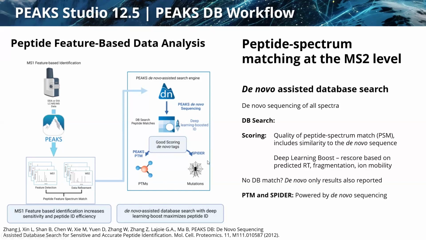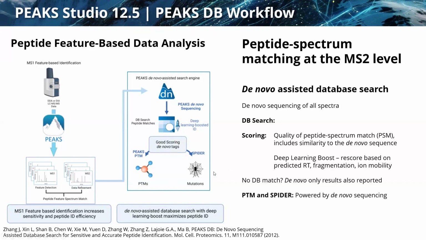And then the SPIDER algorithm allows for mutations to be found in your peptides. Both of these algorithms are powered by de novo sequencing because you have good quality de novo sequenced peptides, but maybe they don't match to a database, they only match partially.